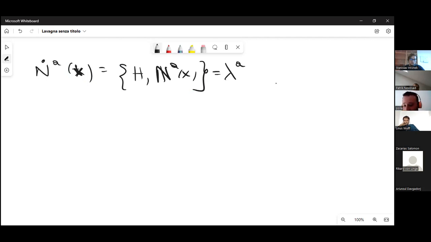That's why, at the end of the day, in the action that I wrote above, we had plus and minus terms involving n prime a and lambda a, because they cancel out. And the same for n, and of course, as you can guess, this is just lambda at x.